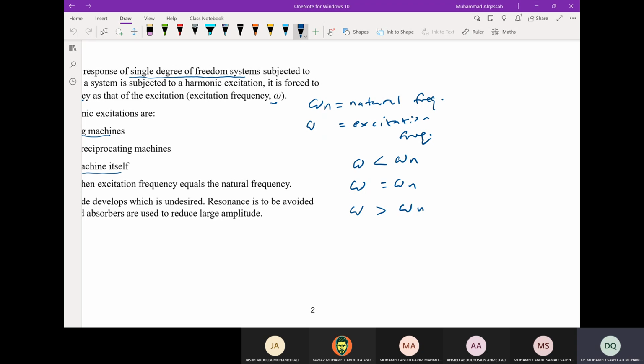So the system will move slowly, below the period of oscillation of the system. And if omega equals omega n, this is exactly the same. And omega greater than omega n, the system will move faster than its internal natural frequency. So we call this in phase.